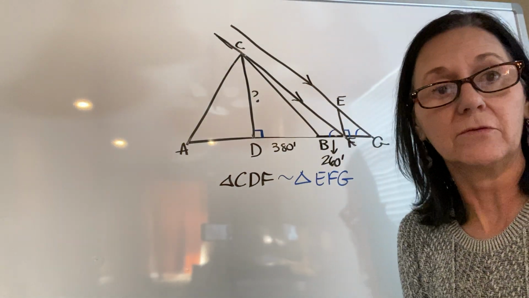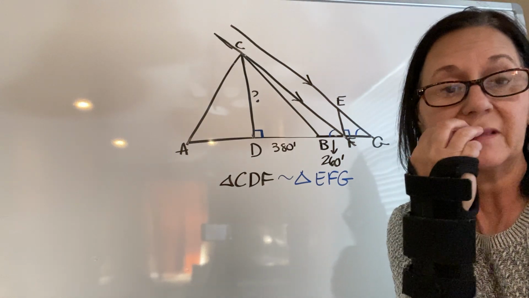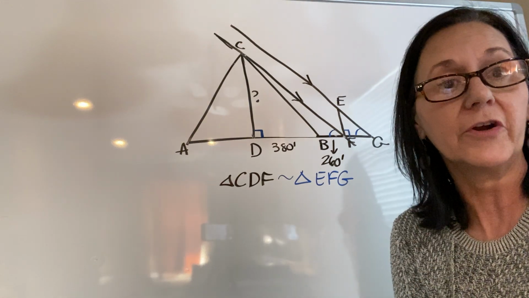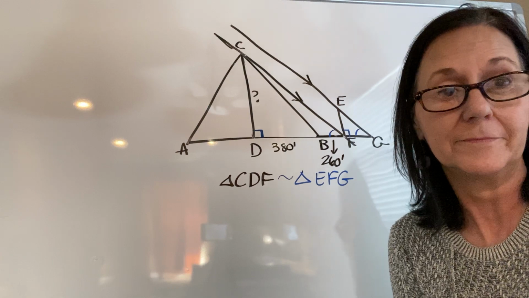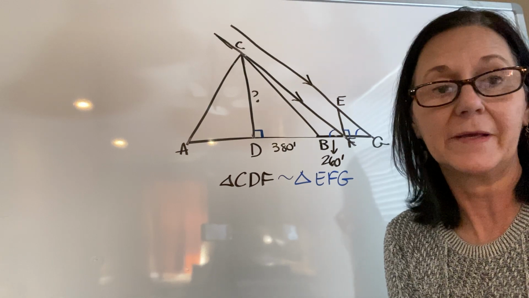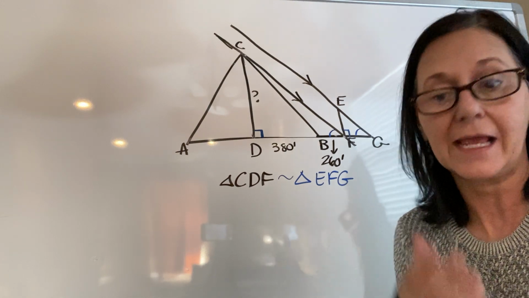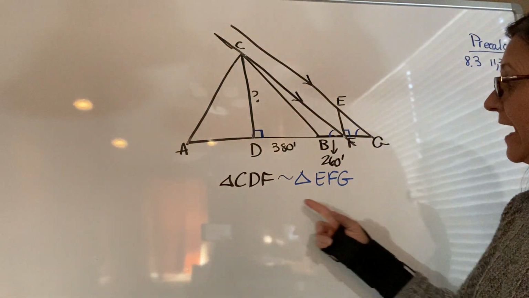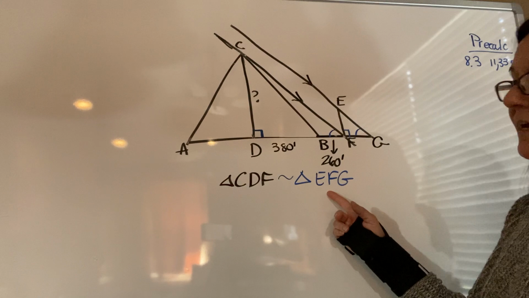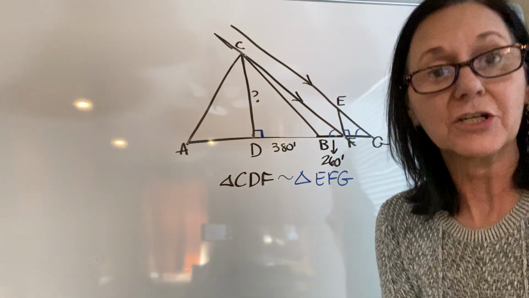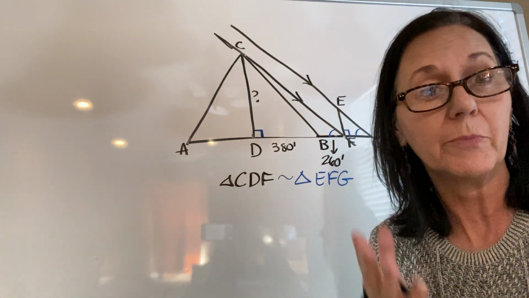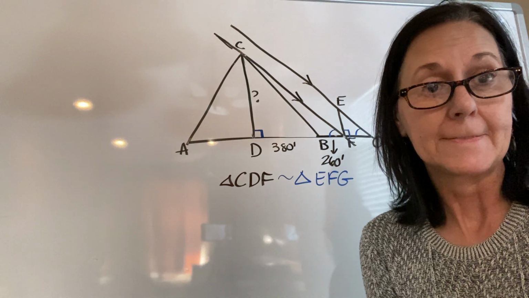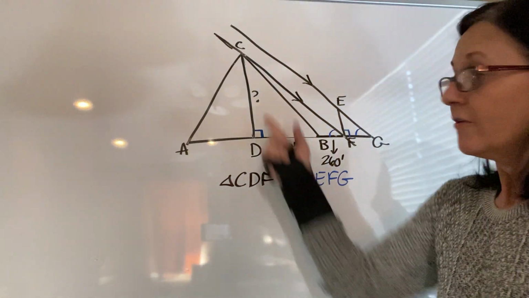When I know two angles of the triangles are equal, the third angles have to be equal as well, because the sum has to be 180, so you have to be adding the same value. So we know that CDF is similar to EFG, so I can actually use proportions to solve for the height.